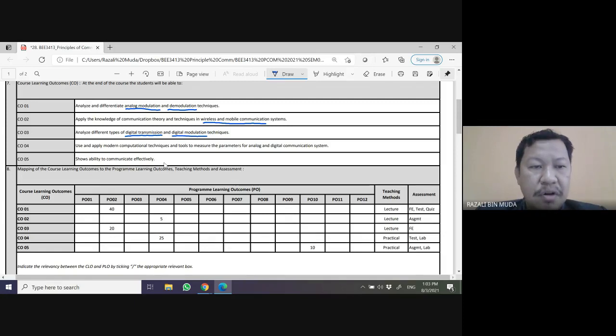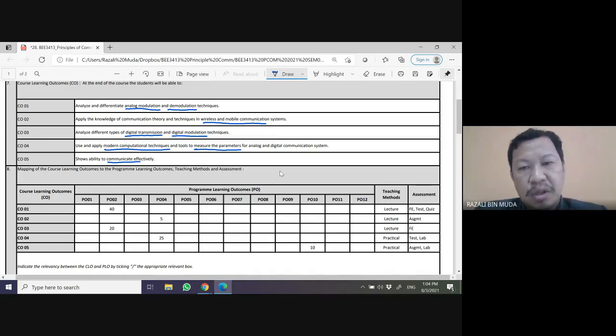Outcome number 4, to use and apply modern computational techniques and tools to measure the parameters for analog and digital communication system. And outcome number 5 is to show the ability of effective communication, to be able to communicate effectively.